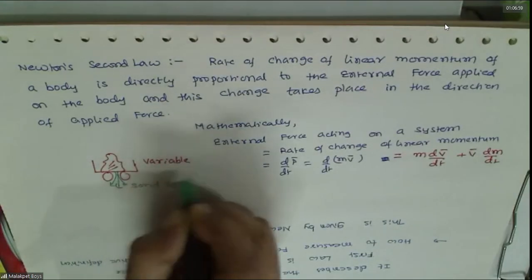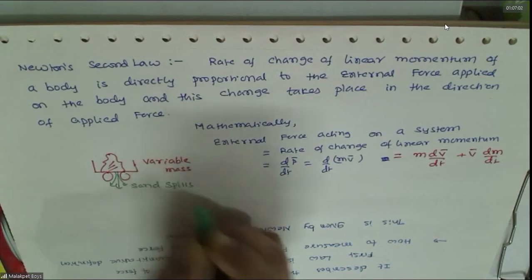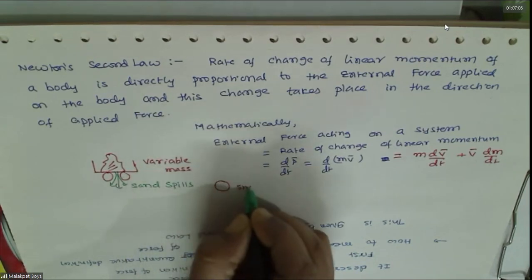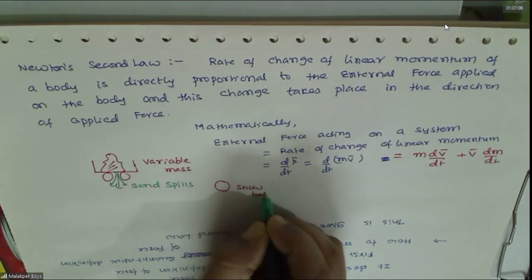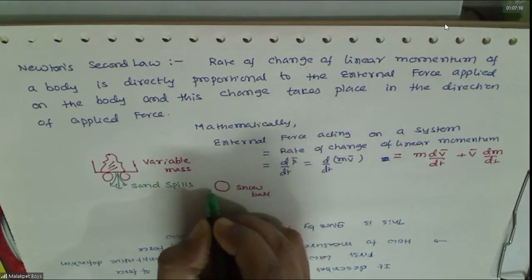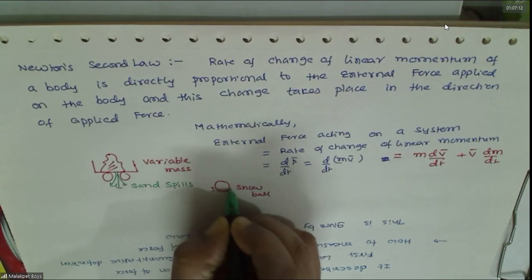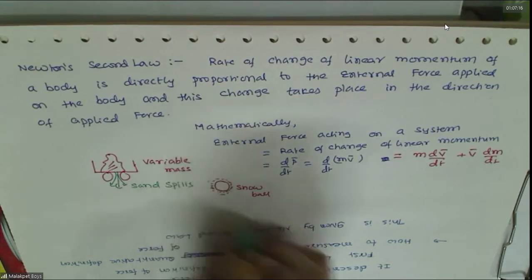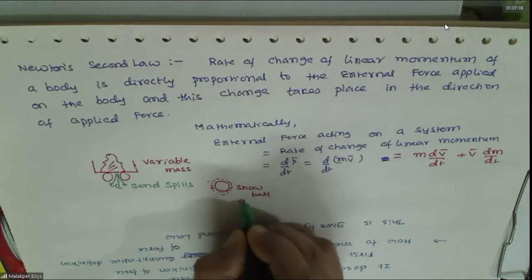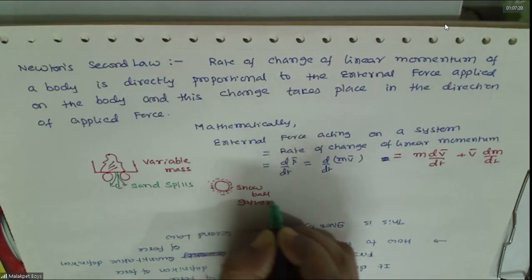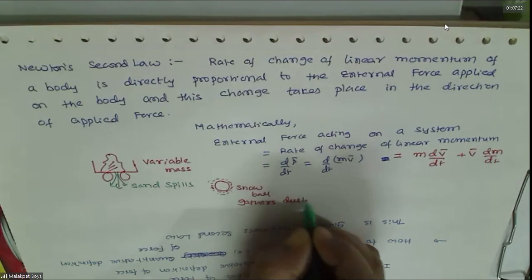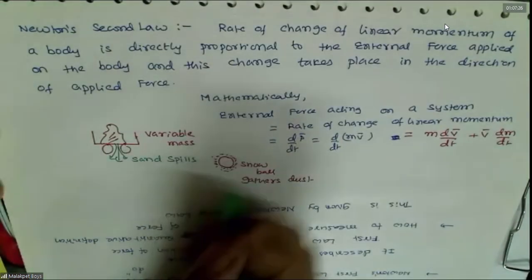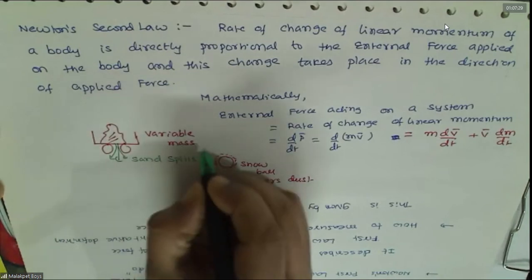Now, for example, take some snow. As it falls, it will gather some mass. All these are variable mass systems.